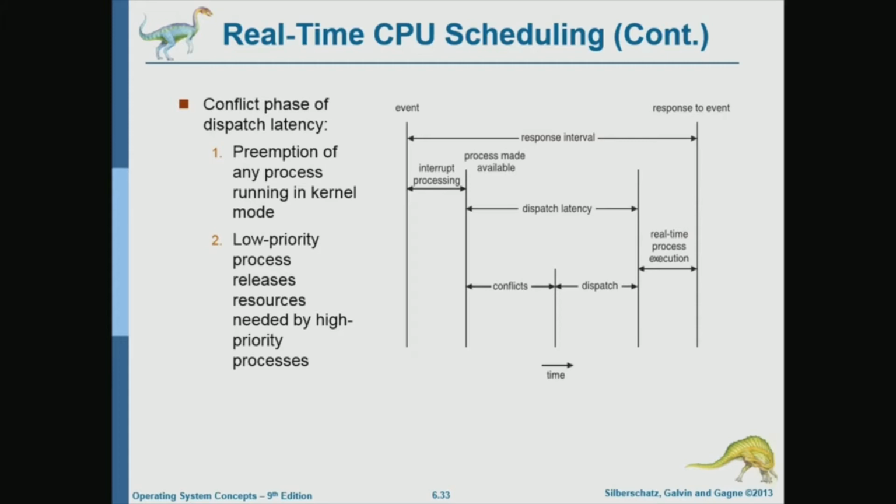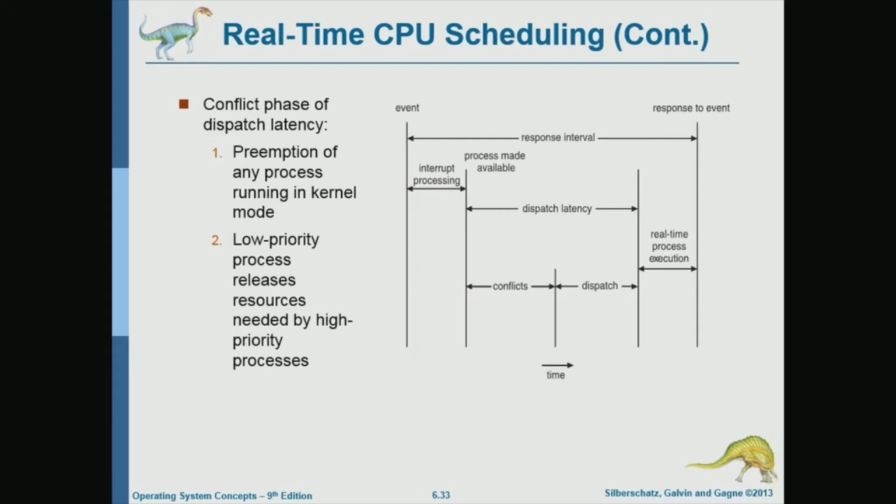First, it will have to identify the interrupt, what kind of interrupt this is, and call the right interrupt service routine, and then it will have to store the state of the process that lost the CPU. Then it will have to run the scheduler, and the scheduler will give the CPU to the highest priority process, which should be, if a real-time event has happened, that process.